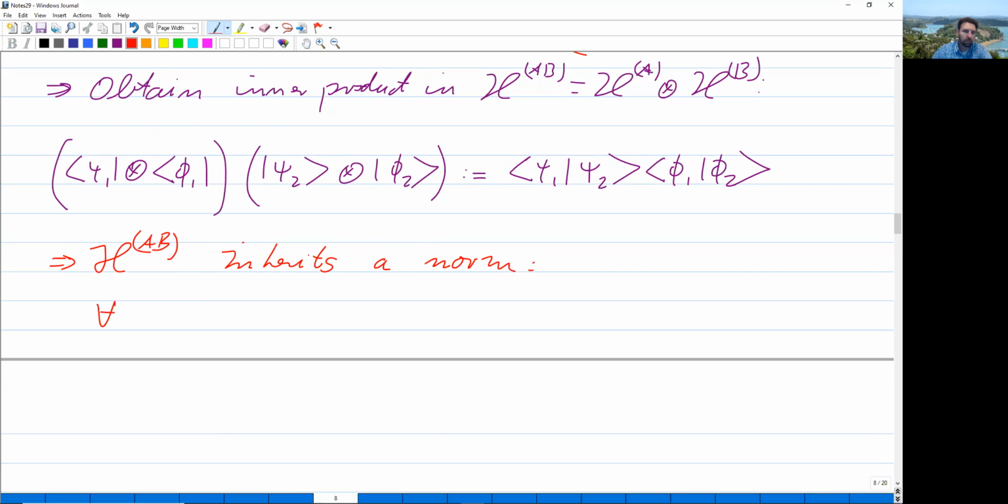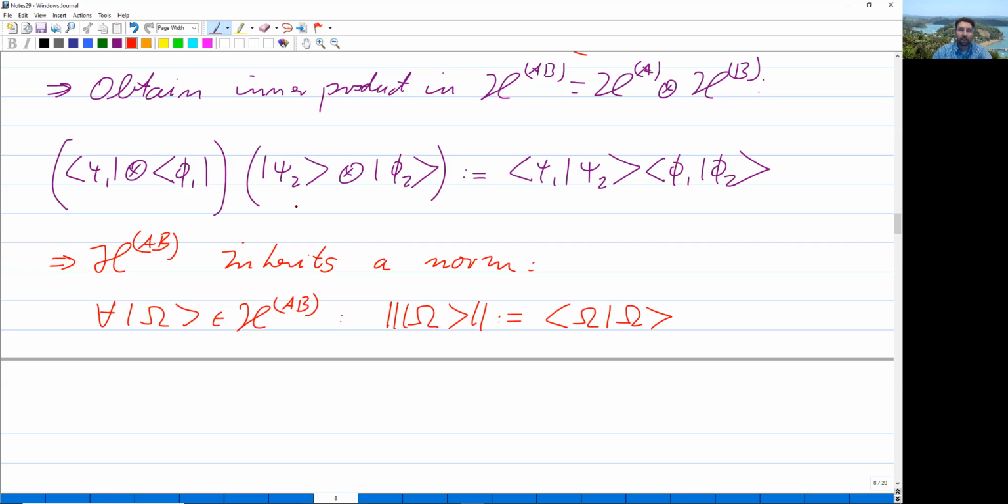for all omega in HAB, we have that the length of the vector omega is equal to, by definition, what you get when you take omega and calculate the inner product with itself, and you know now how to do this.